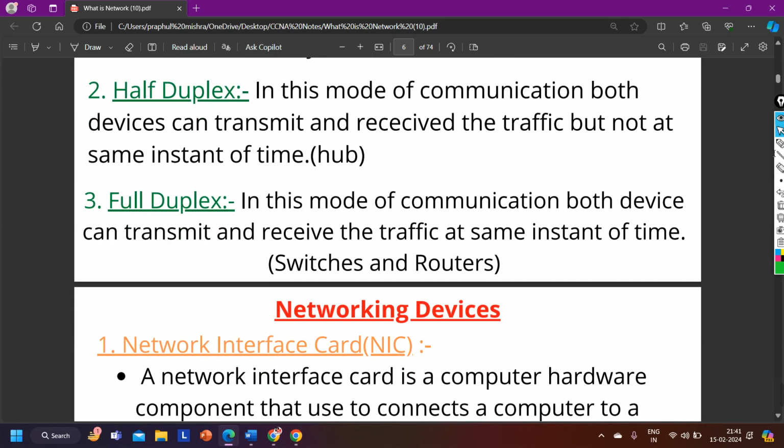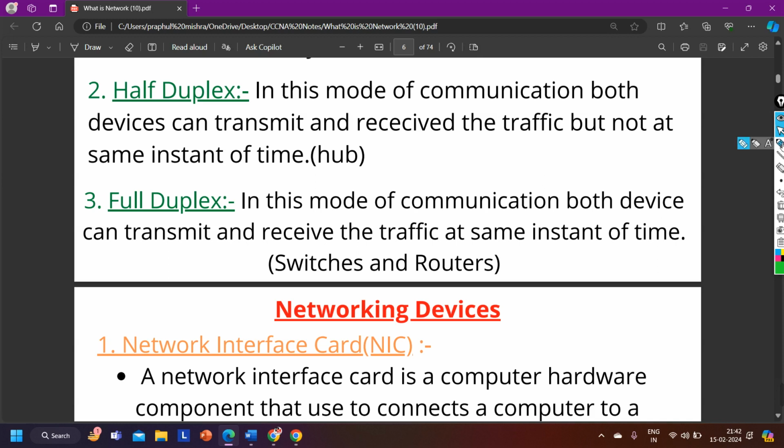And then the last one, full duplex. The difference between half duplex and full duplex is what? In full duplex, a device can send and receive the data at the same instant of time. Like right now we are talking, we can speak as well as listen at the same time. That is full duplex.